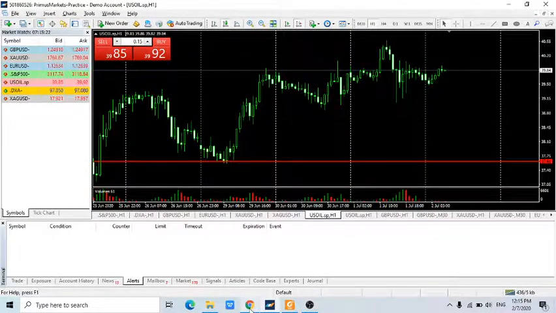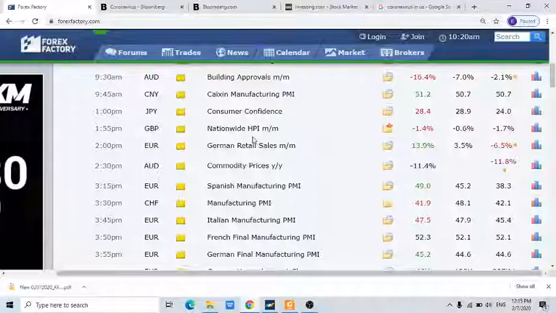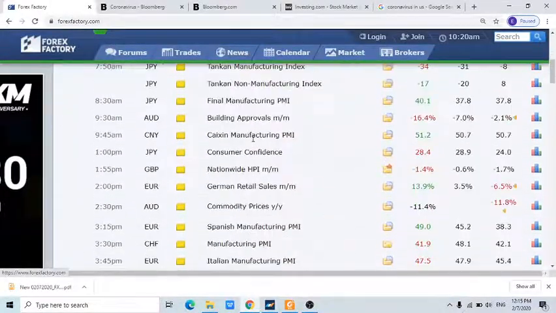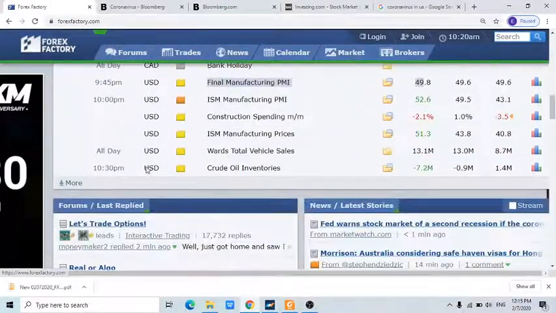Yesterday we had data on oil, the crude oil inventory data, and look at that, the inventories came in at negative 7.2 million. Markets were expecting crude oil inventories to contract by 900,000 barrels.